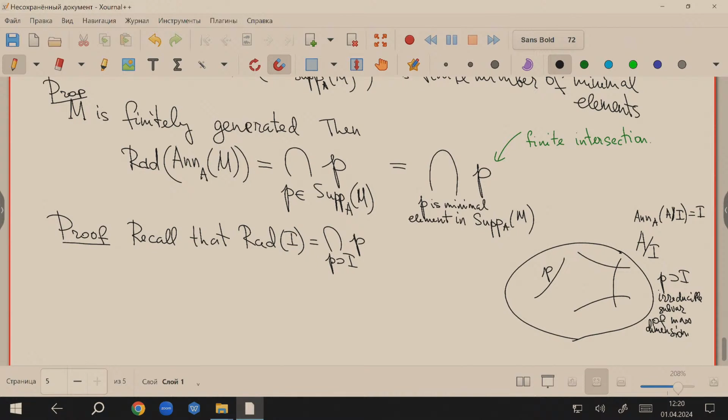So what about the radical of the annihilator? We just have to say the following.